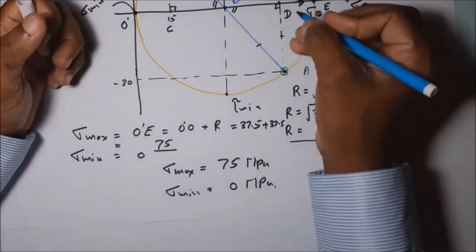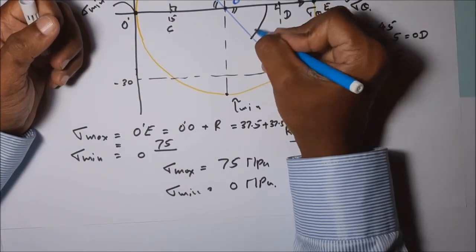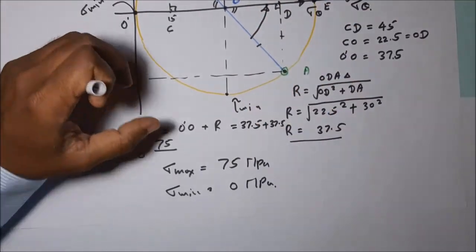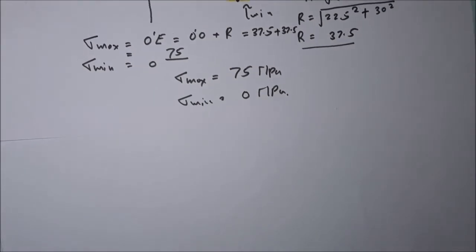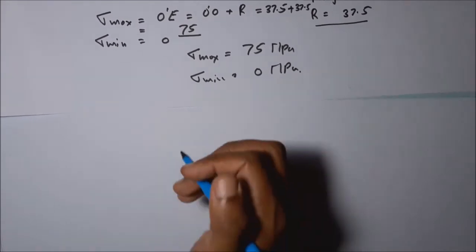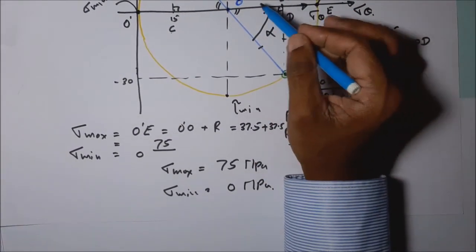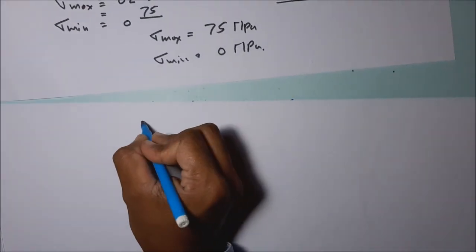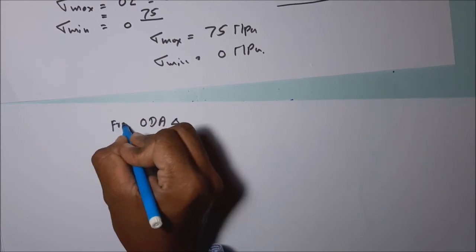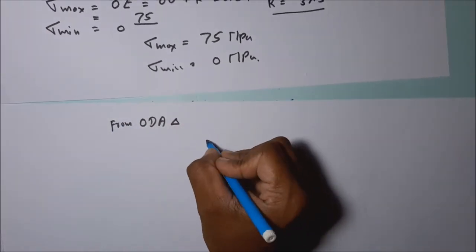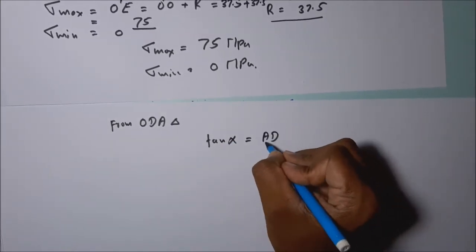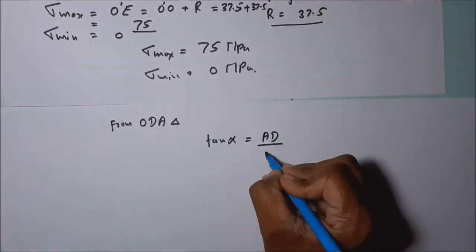Then we can say this plane if you know this angle, no? If this is 2 theta, we take half of this angle. Let's take this angle as alpha. From this triangle ODA, tan alpha is equal to AD divided by OD.